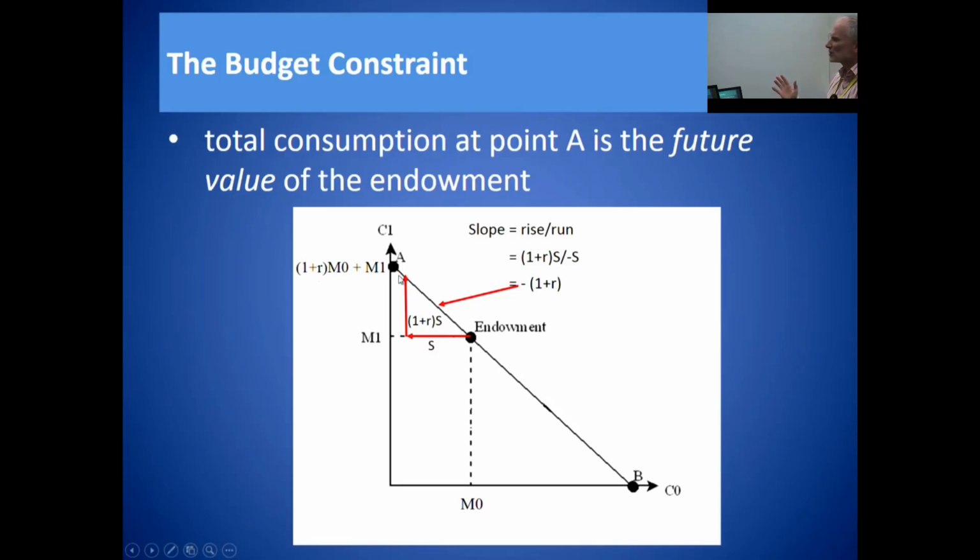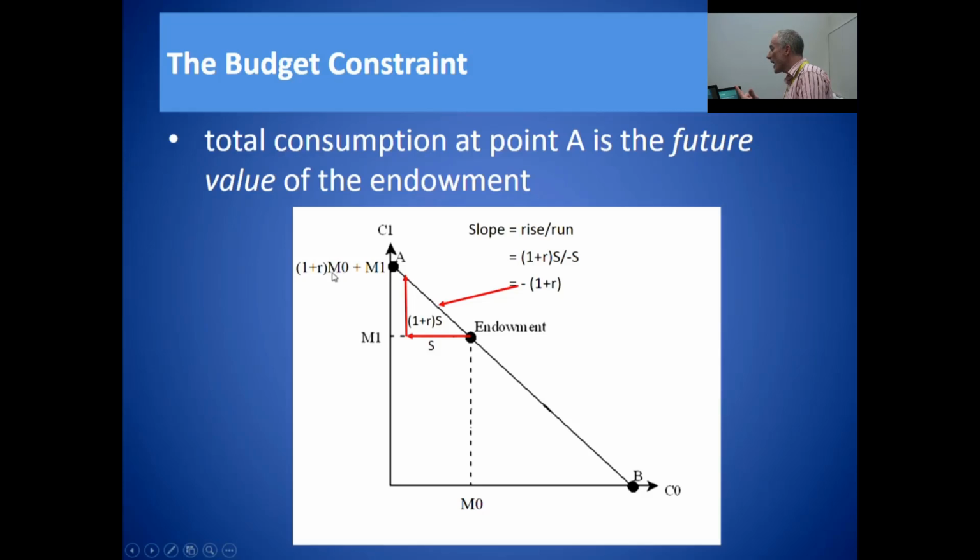And just to think about intuitively, why is it that? Well, think. What is the future value of the endowment? It's the maximum level of future consumption. And what's that determined by? It's determined by future income, which is M1, plus also saving and its return. And how much are we saving here?